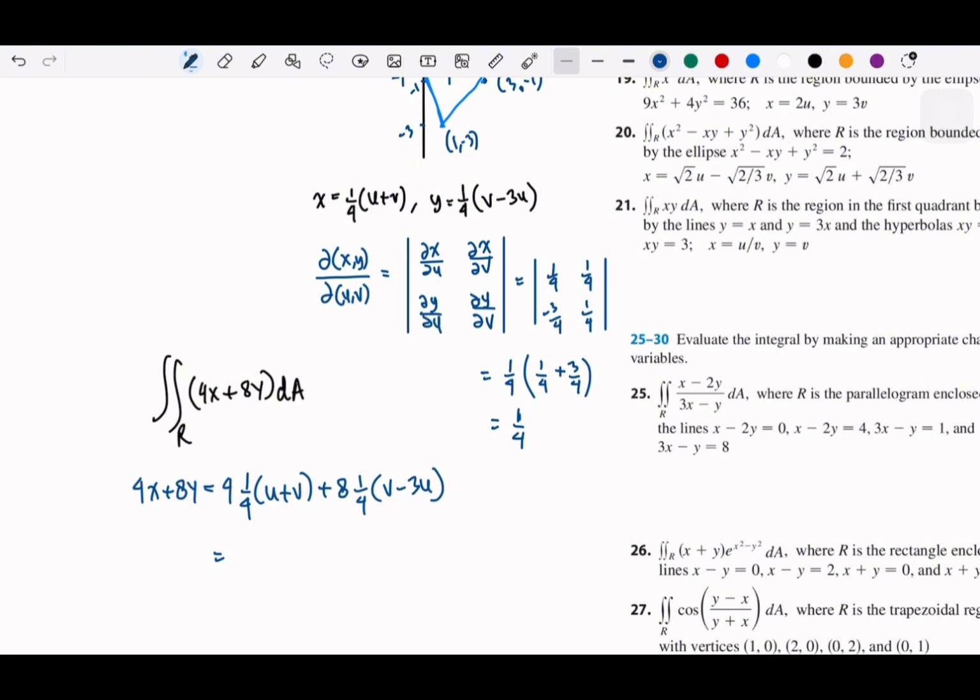So we have this will be u plus v plus 2v minus 6u. So need to add, so 3v minus 5u. Okay, 3v minus 5u.